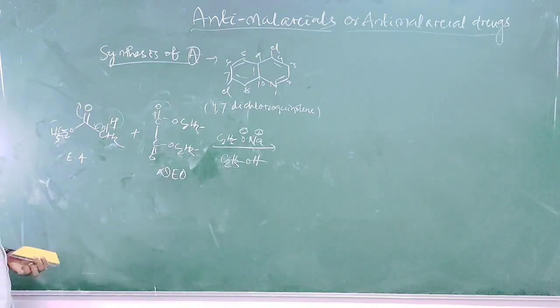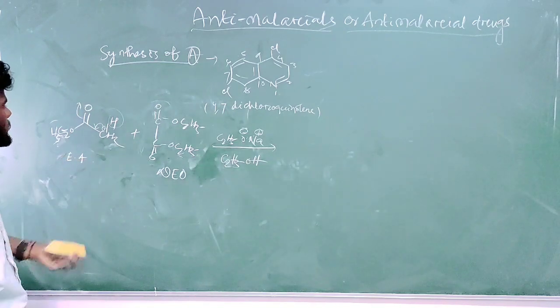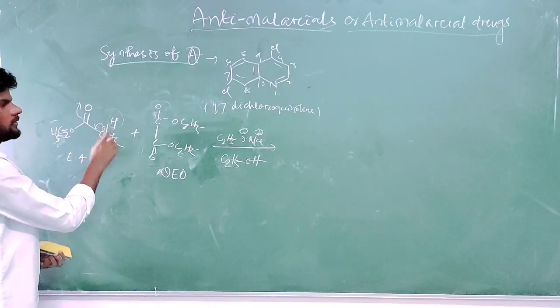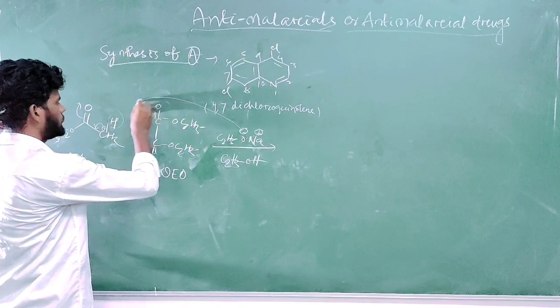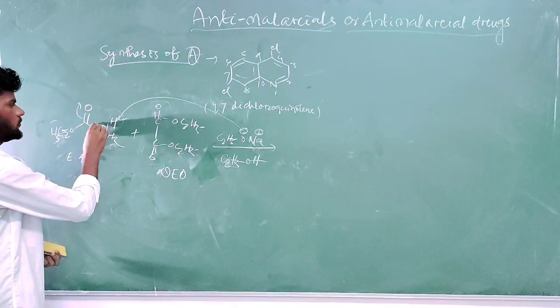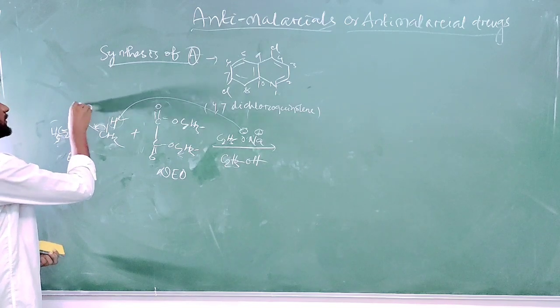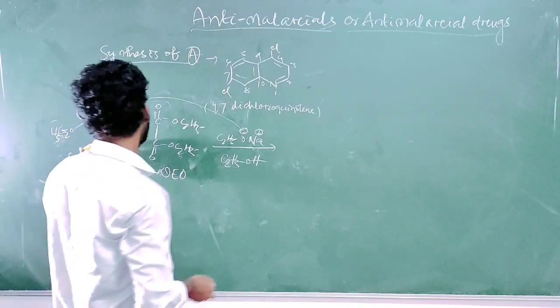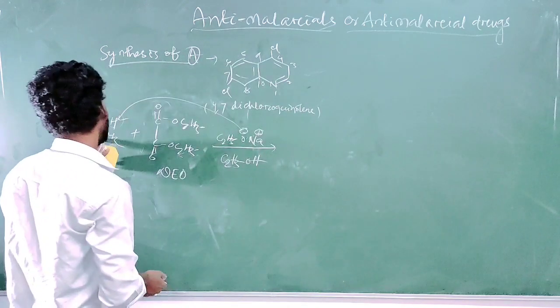So you have to see which hydrogen it will take. This hydrogen is reactive, so it will take this hydrogen. The bond moves over, the double bond erases and the negative charge moves over to the oxygen atom. What will it form?